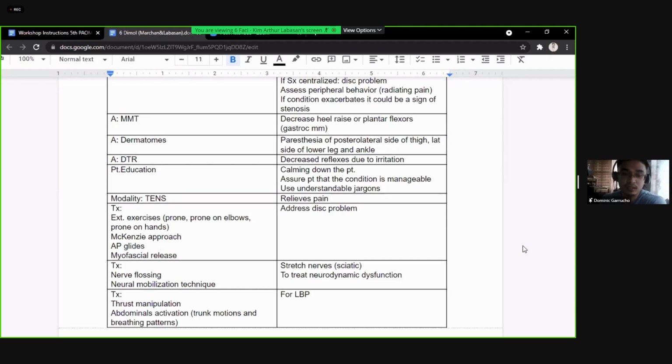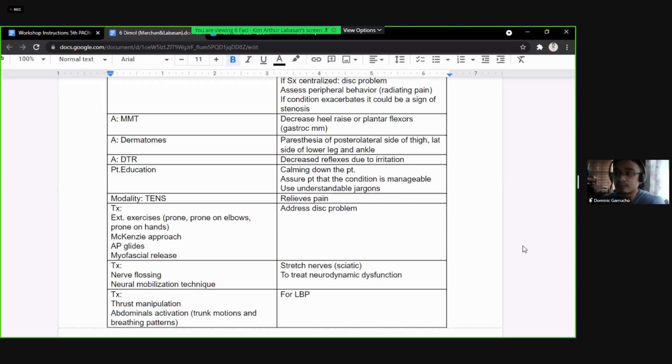So in short, we might want to proceed with TENS. This is to relieve the pain. Extension exercises such as prone on elbows, prone on hands. We can also provide the McKenzie approach. AP glides, myofascial release, nerve flossing, neural mobilization techniques.